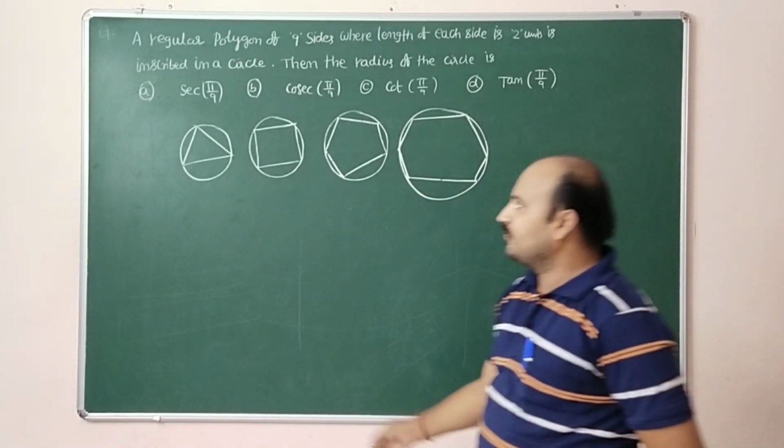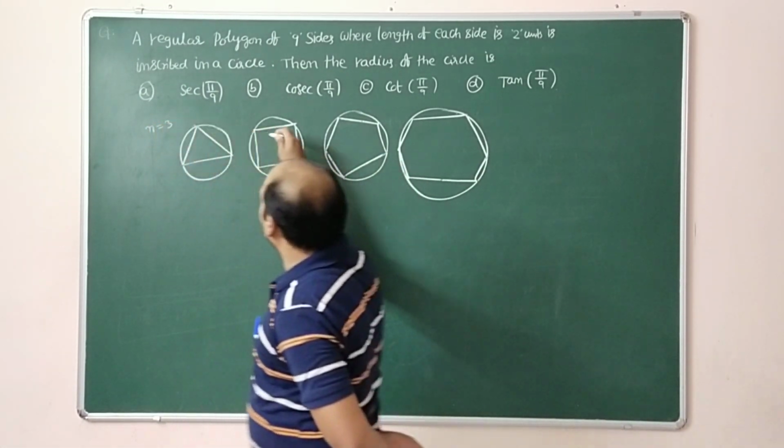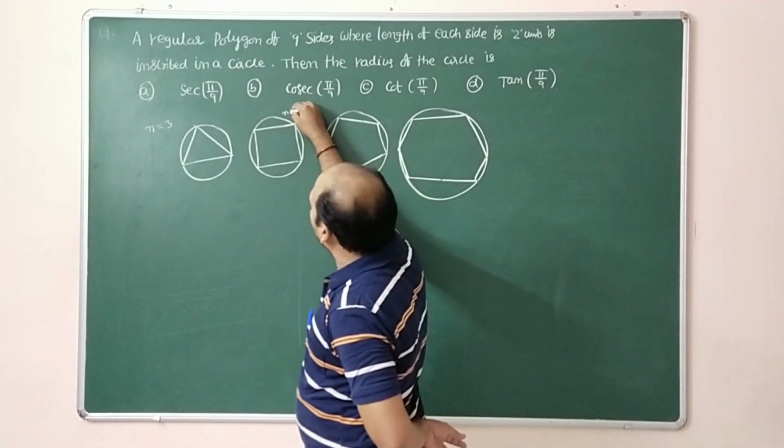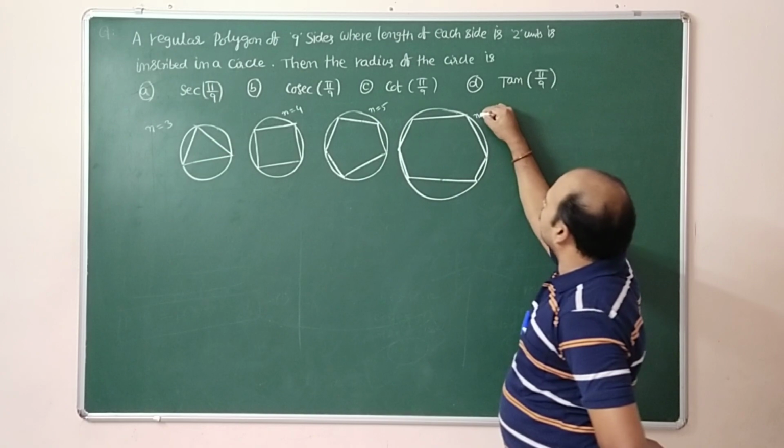Observe the figures. Here triangle n is equal to 3. Here square n is equal to 4. Here pentagon n is equal to 5. N is equal to 6.